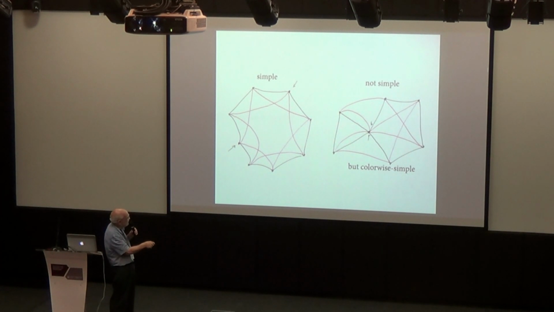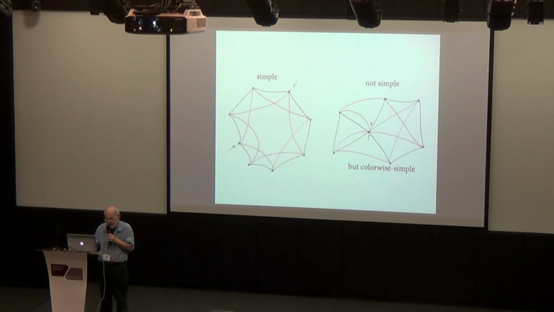And here it is. It's not simple anymore because these two vertices are joined by both a red edge and a black edge. So it's a degenerate identification, a degeneration of this graph in some way. It's no longer colorwise simple.